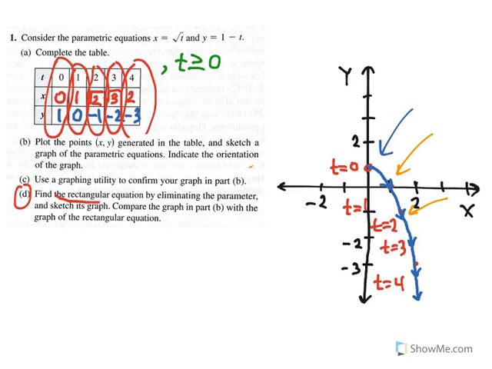So find the rectangular equation by eliminating the parameter and sketch its graph. Compare the graph in part B with the graph of the rectangular equation. So that's what we'd like to do.